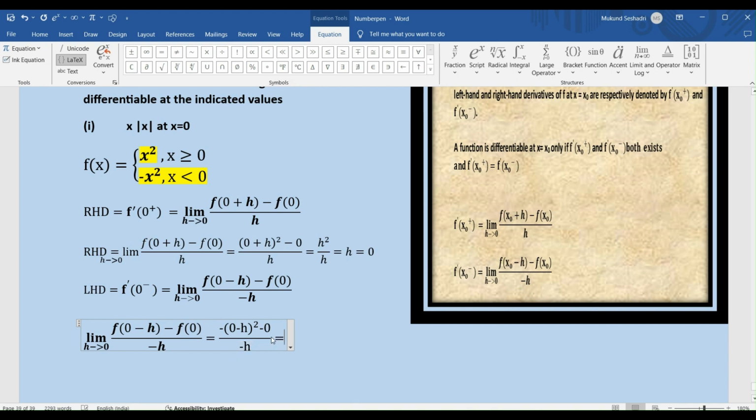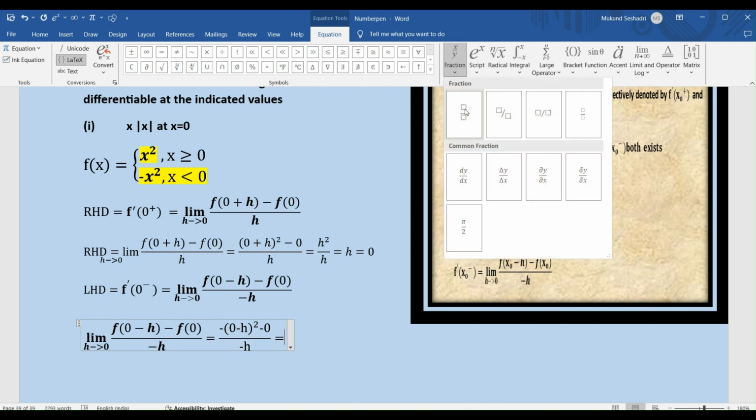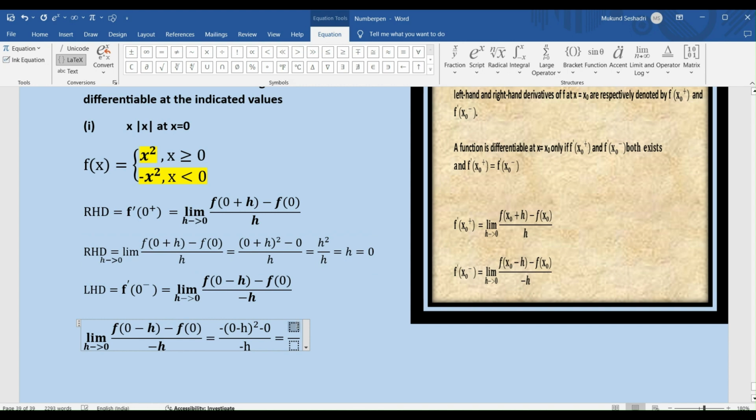So then I'm left with a minus h square in the numerator, and I'm left with a minus h in the denominator, right? So minus h square divided by minus h, I'm left with an h here, which is 0. And why is that? My minus sign in the numerator and the denominator gets cancelled, and I can pull out one h, and I'm left with h which equals 0, right?